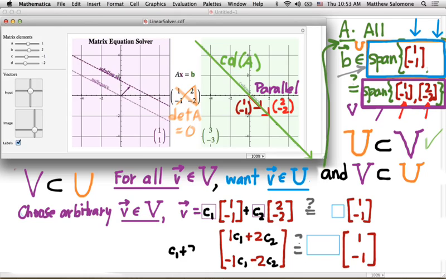C1 plus 2C2. If I factor that out of my first term, I just get 1. And if I factor C1 plus 2C2 out of my second term, what do I end up with? Negative 1.